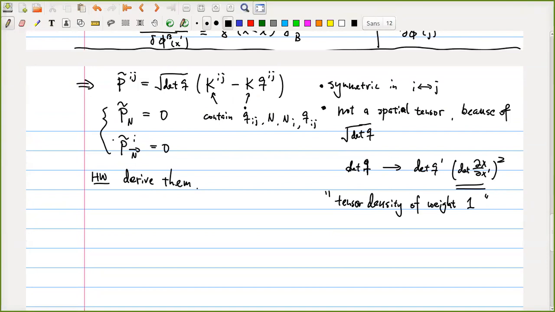Here you get a trivial result for the momentum conjugate to n and the momentum conjugate to the vector n. You can view these two quantities as sort of constrained. These are called primary constraints.